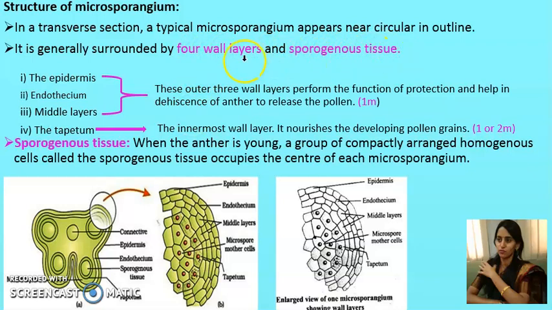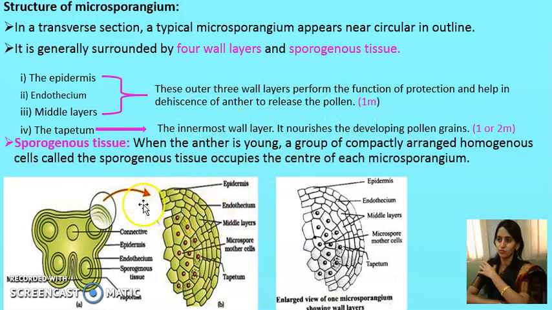The four wall layers of the microsporangium are: the outermost epidermis, followed by endothecium, middle layers and tapetum. The outer wall layers, that is epidermis, endothecium and middle layers, perform the function of protection and help in the dehiscence of the anther to release the pollen grains.